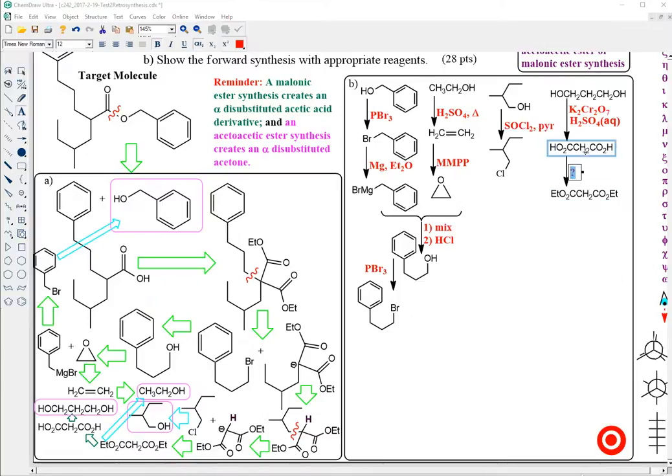Fischer esterification of malonic acid will give our malonic ester, which will be ready for synthesis. You need an alcohol, sulfuric acid, and heat.